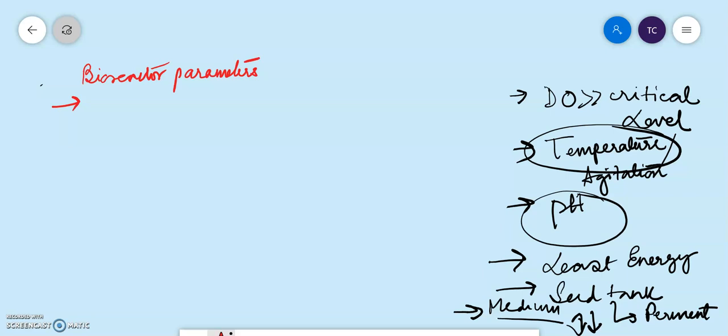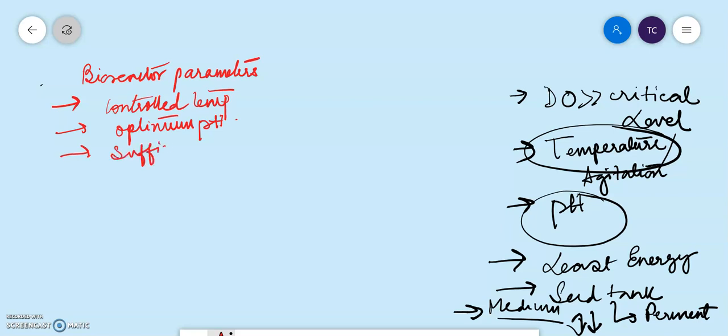They are as follows: controlled temperature, optimum pH, and sufficient substrate, usually a carbon source or sugar, protein, fat. Next is water availability.